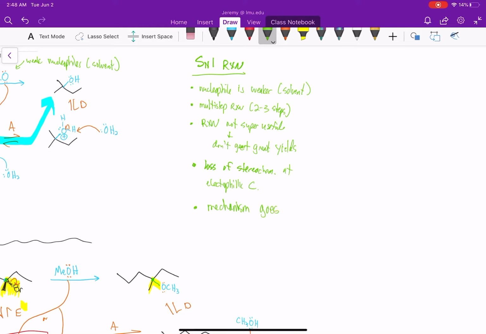So tertiary reacts faster than secondary, which is much faster than primary, so much so that primary will not work. All right, so for the SN1, it'll only work if it's tertiary or secondary.